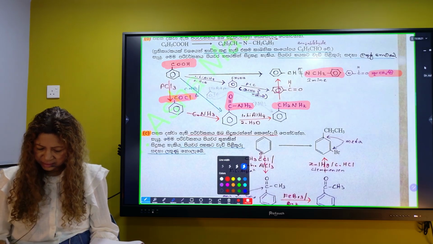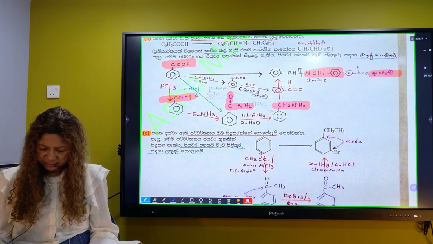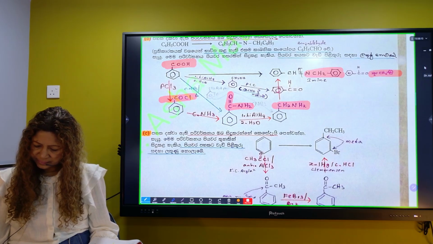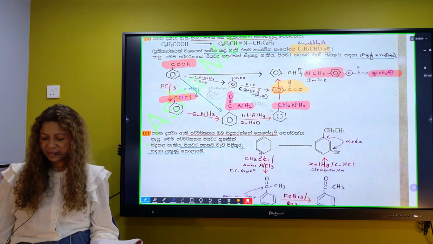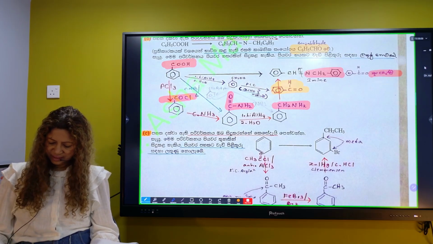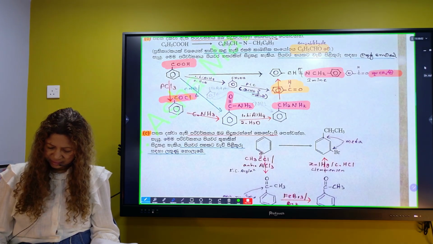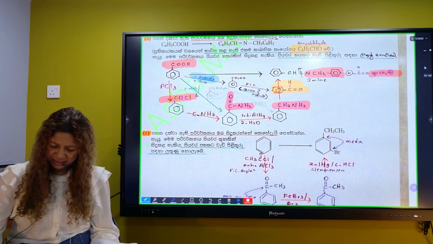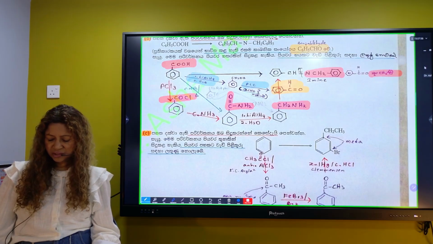And then the other side, make it directly, but you can make it. See, I'm showing the path to make it. Lithium aluminum hydride, ether, water, then PCC. They shouldn't have given that.